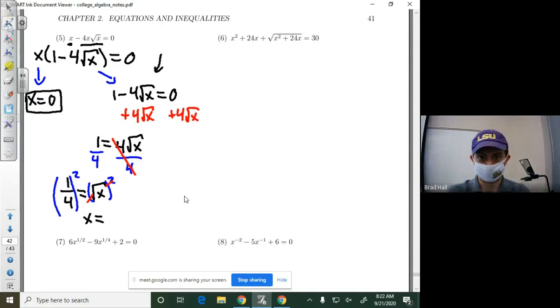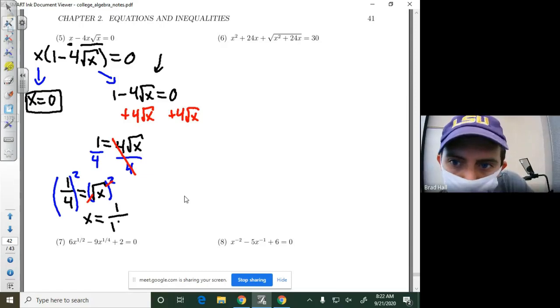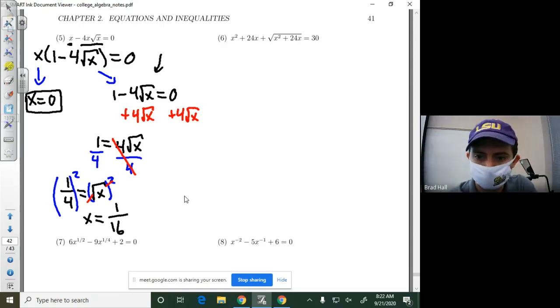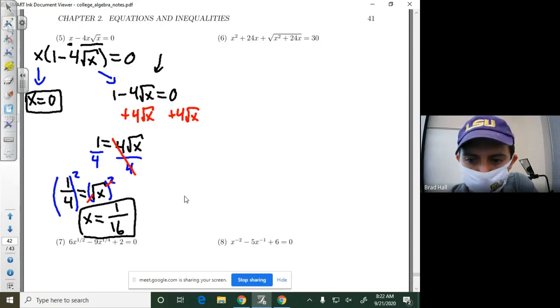So 1/4 squared is going to be 1/16. And so we get two answers.